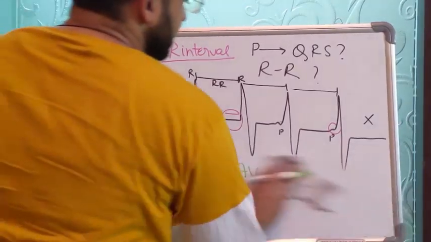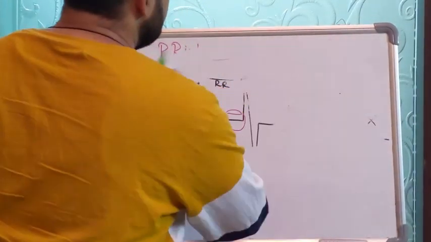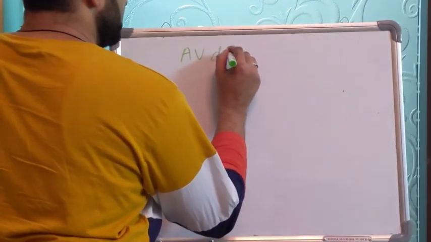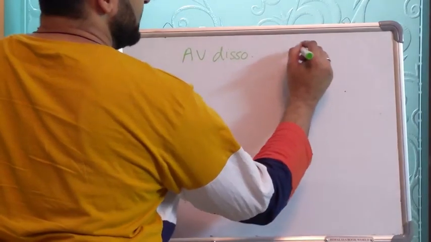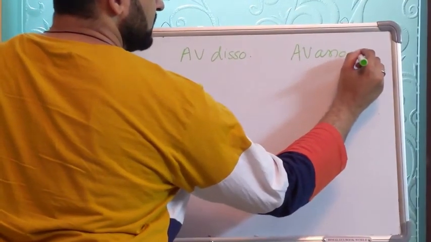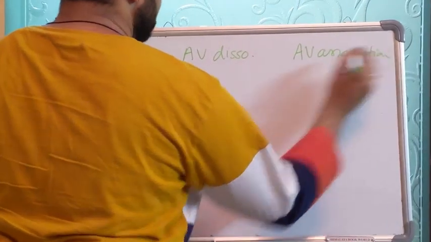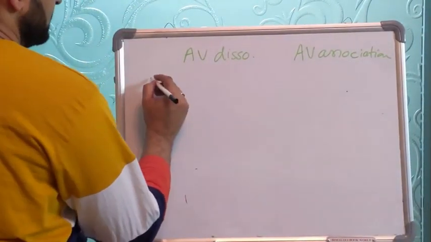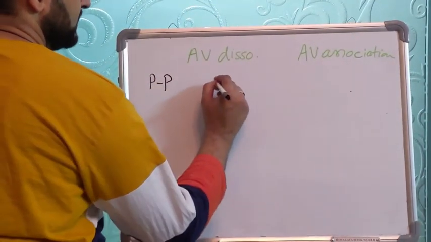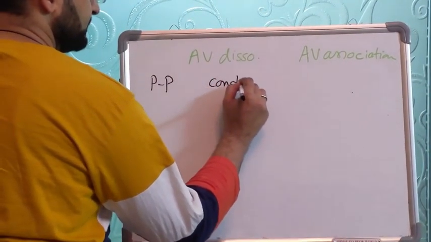So how do you differentiate AV dissociation from sinus rhythm? What are the points? You have AV dissociation and you have AV association, or sinus rhythm. So what happens over here? Your PP interval is constant.